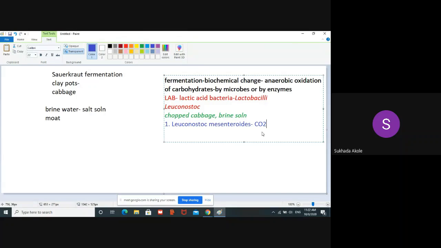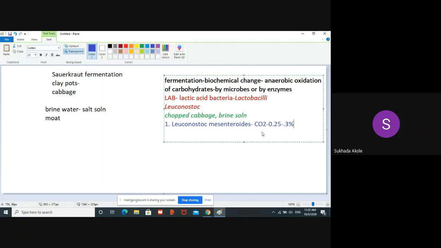And when the lactic acid reaches between 0.25 and 0.3%, Leuconostoc will slowly die off. Okay, this stage will last up to 1 to 3 days depending upon the temperature which is outside.